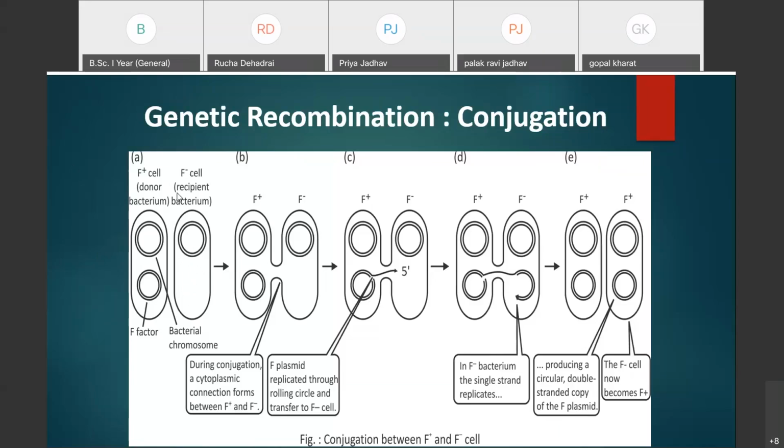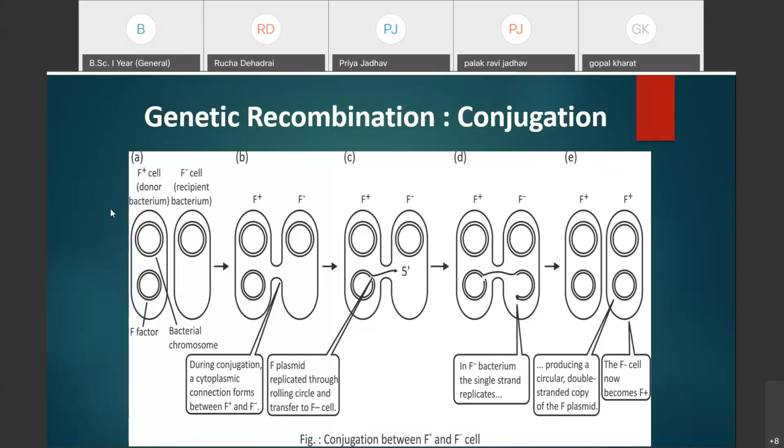It is receiving the plasmid from the F positive cell, that's why it is referred to as the recipient bacterium, and the F negative cell is referred to as the female bacterium.